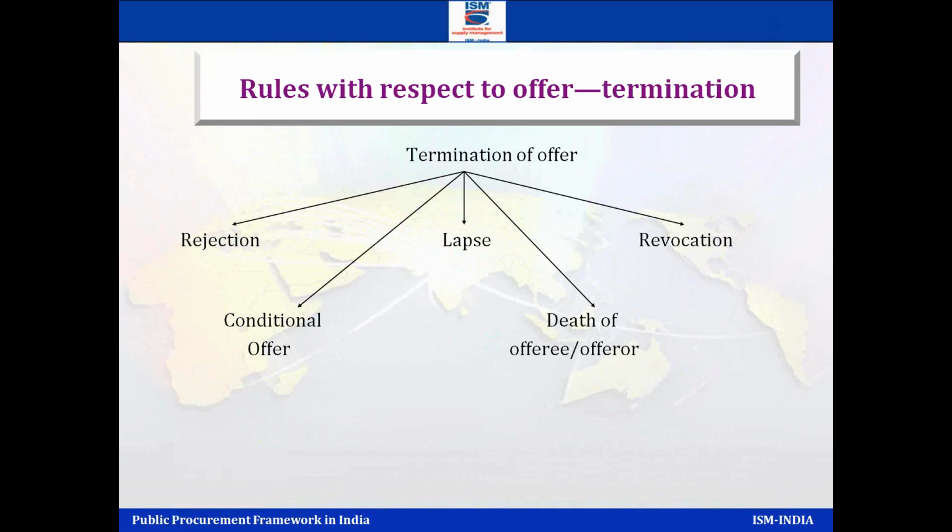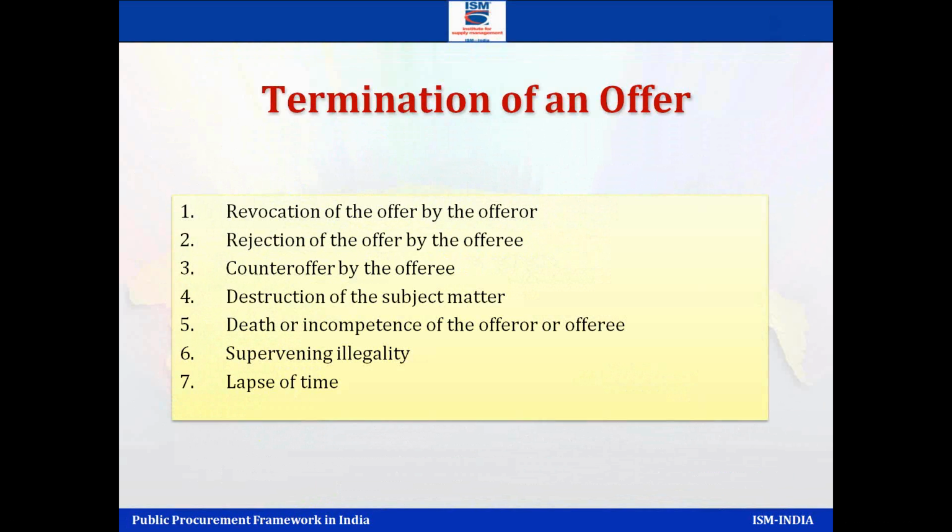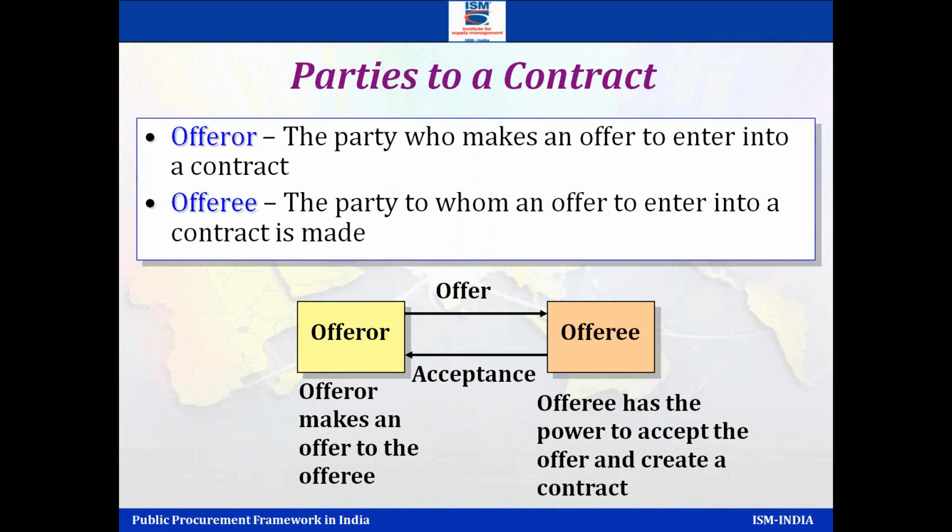So that's very clear. Termination of an offer, I think I've already touched those points, so I can skip this. Now the parties to a contract, there are offerer and offeree. Offerer makes an offer. Offeree has the power to accept the offer and create a contract. So you can see there's an offer and acceptance.